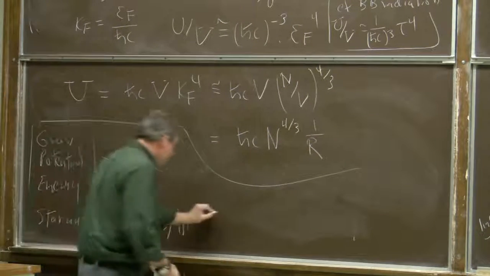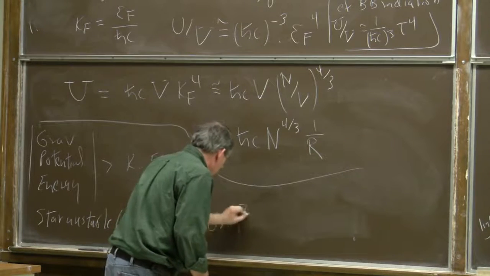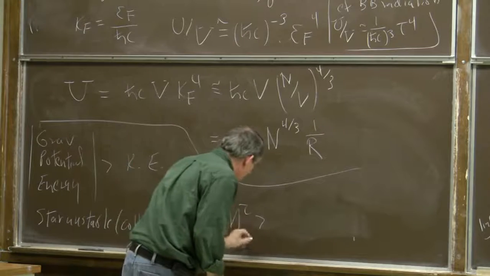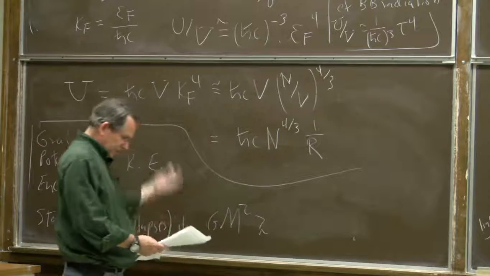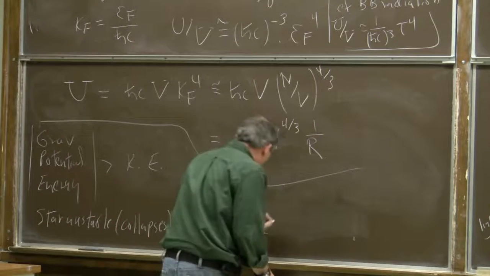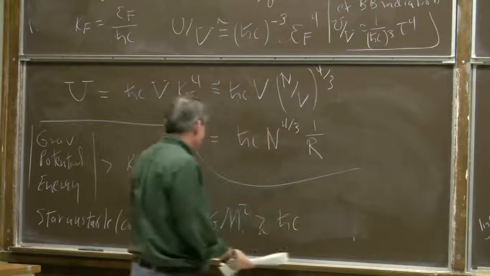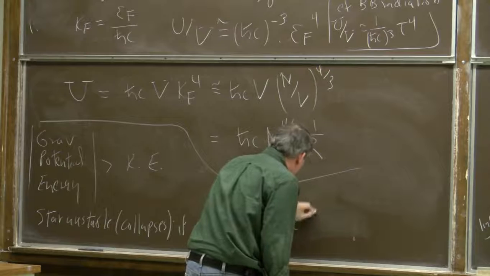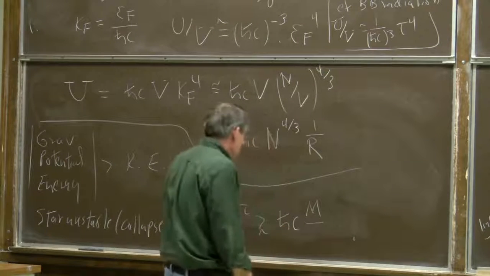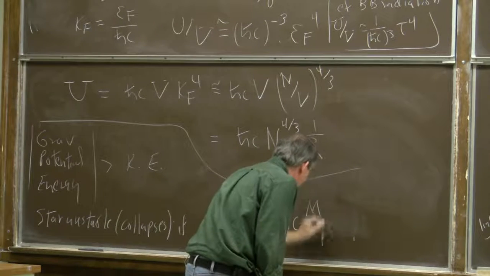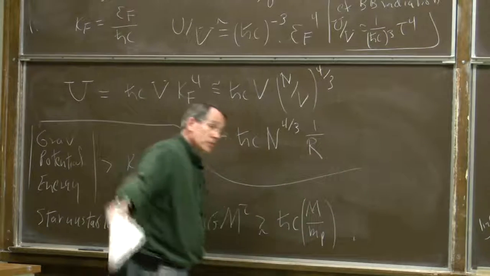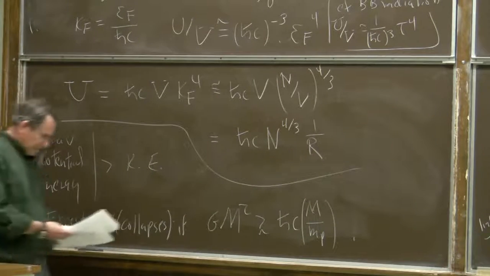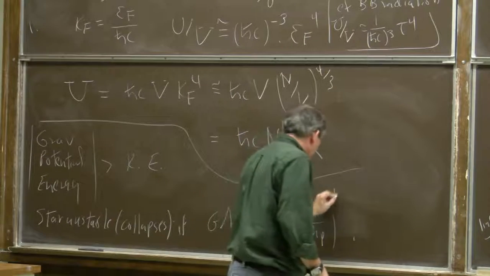if G m squared, the coefficient of 1 over r in the potential energy, is greater than something which, neglecting factors of order 1, I can write as h bar c times n to the 4/3. Again, I will say the number of electrons goes like the number of protons, which is the total mass of the star, which is dominated by the protons because they're much heavier than electrons, to the 4/3.